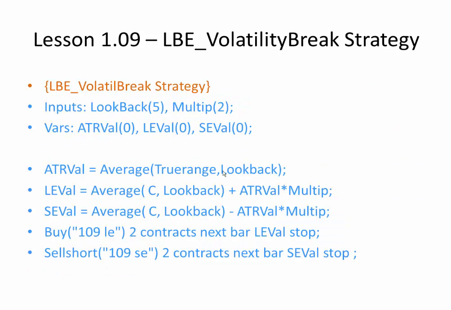So here is the code to the strategy. We define our inputs as the look back and the multiplier. Here's our average true range calculation. We have the long entry value, which is the average of the close of the look back plus the average true range times the multiplier, and the short entry is where we subtract the average true range times the multiplier from the moving average.